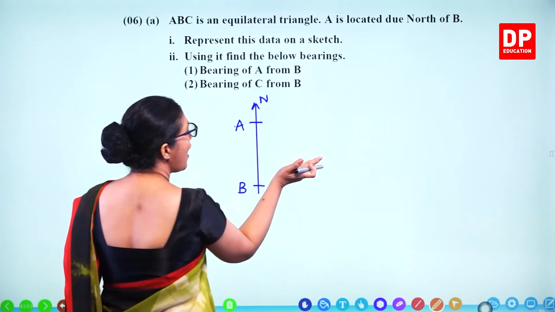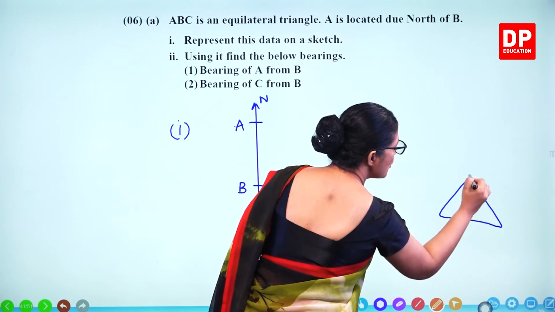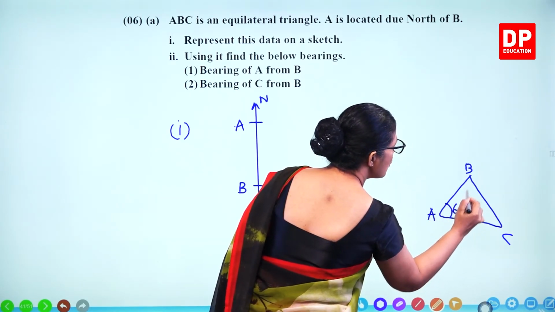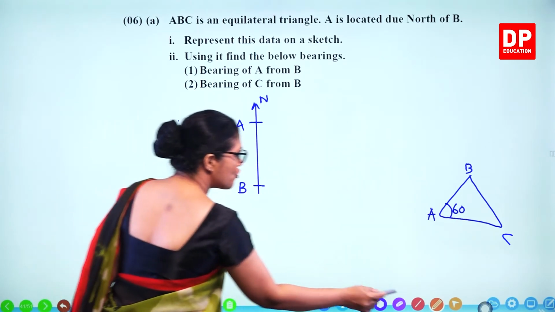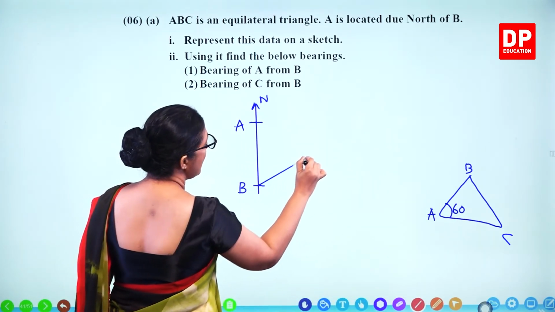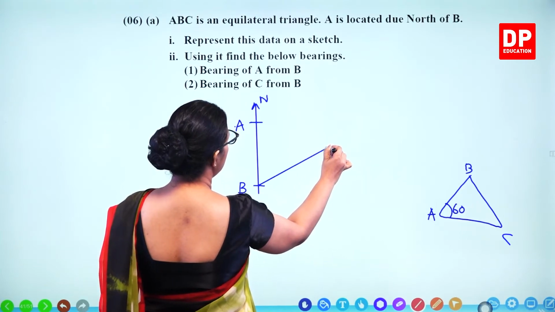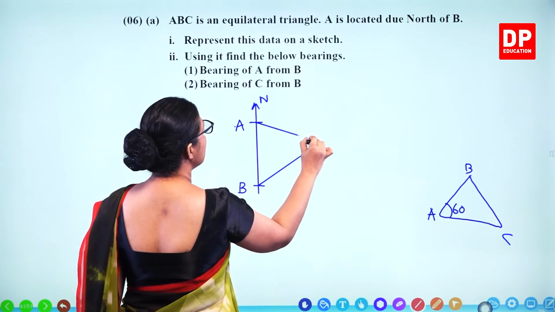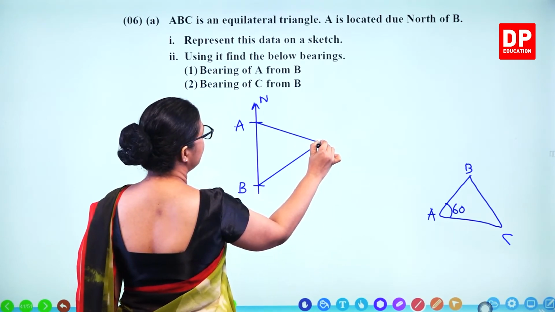So equilateral triangle means 60 degrees each. So that means we have to draw a line, 60 degrees here from this side and equal length.